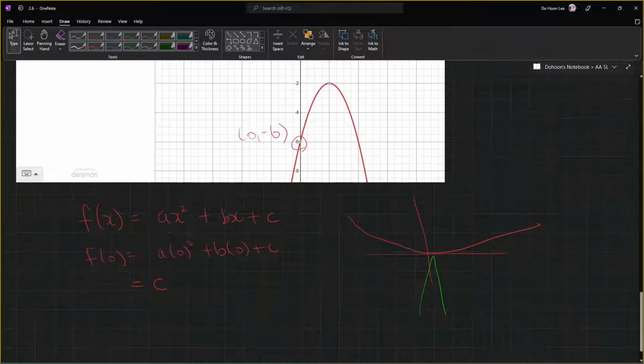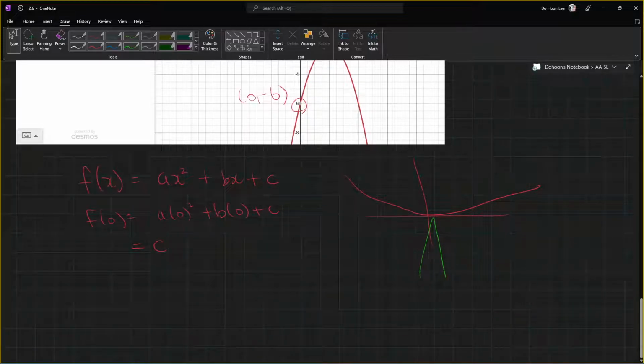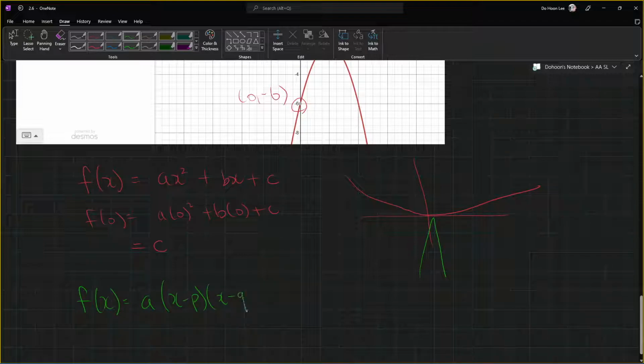Let's move on to the next form, the factored form: a(x minus p)(x minus q). Do you remember how to factor a polynomial? Well, here comes why we factored all those polynomials, to put them into the factored form. The factored form is exceptional at finding the x-intercepts.